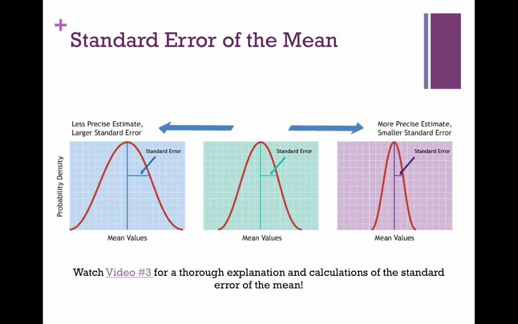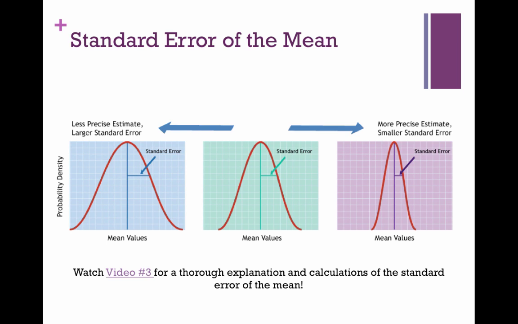And if we have more kurtosis, a narrower curve, well, we have a smaller error. And this smaller standard error represents a more precise estimate of our sample to our population. The goal of inferential statistics is to be able to have a smaller standard error.